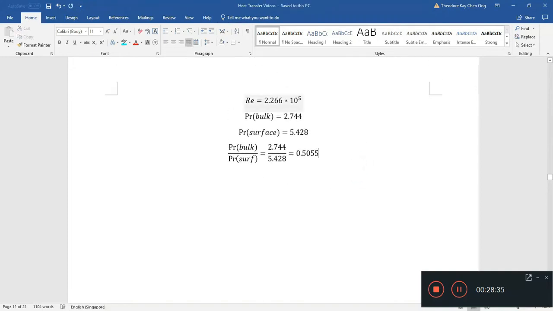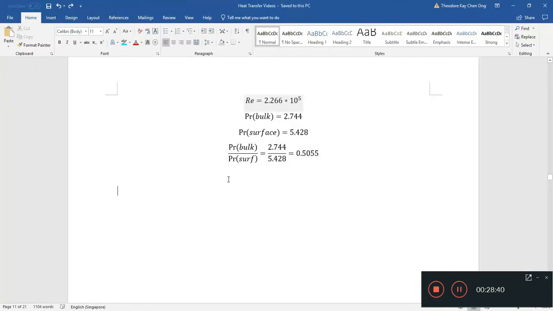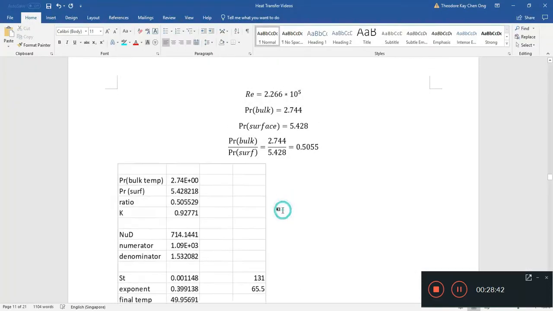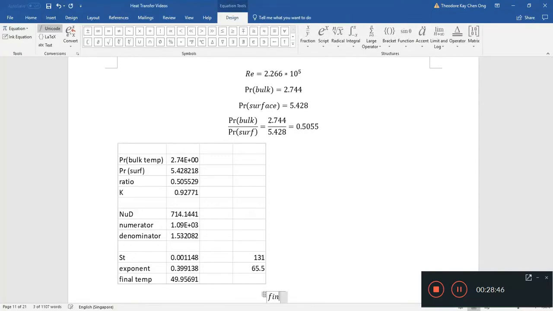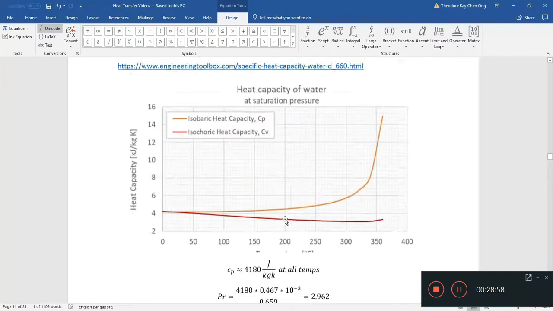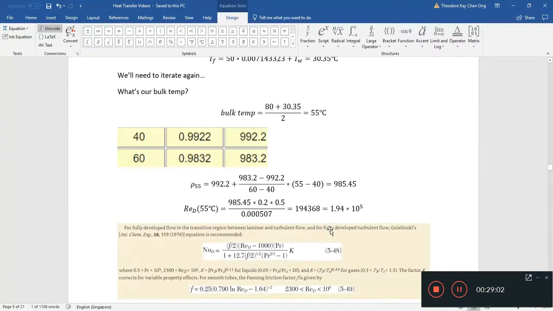Okay, so I'm just going to copy all this down in this Excel, because it's getting very long. I hope you get the idea of how to calculate now. Final temp, 49.95 degrees C. Now, if you look at this final temp and the last temperature, what's the last temperature? I think it's 51 degrees, right?